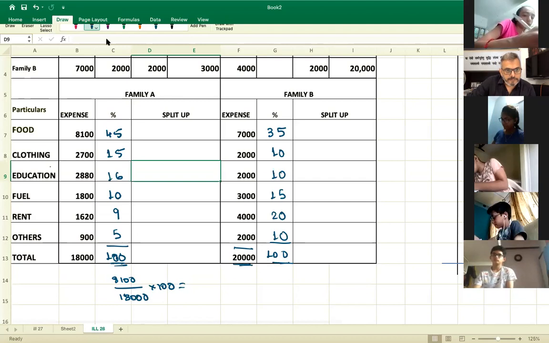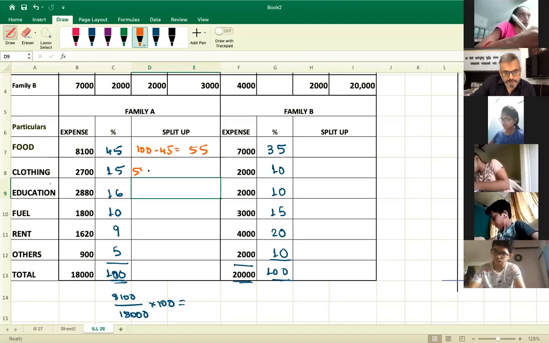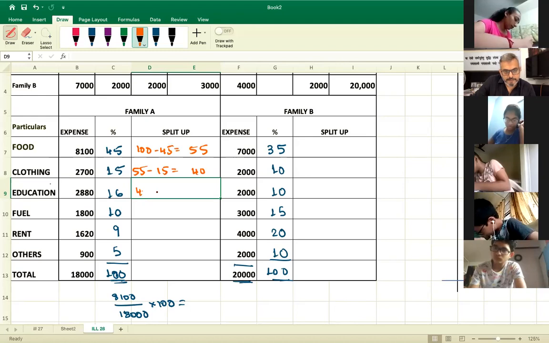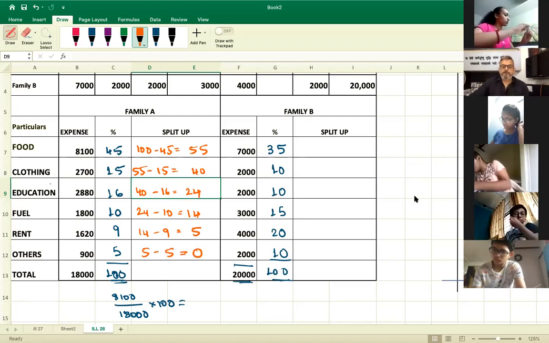So let's go with this: 100 minus 45, which is equal to 55. 55 minus 15, which is equal to 40. 40 minus 16, which is equal to 24. 24 minus 10 is equal to 14. 14 minus 9 is equal to 5. And we will also do the last one. 5 minus 5 is equal to 0. ये 0 आ जाना चाहिए इधर.